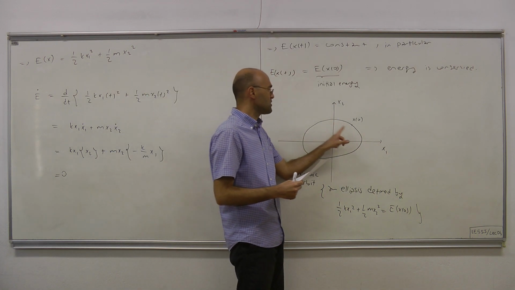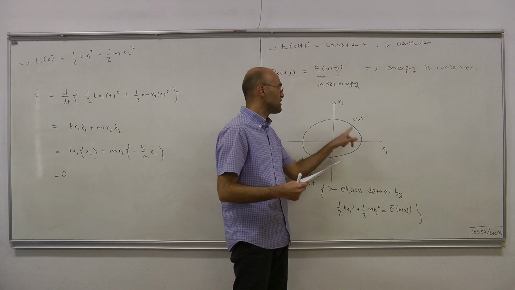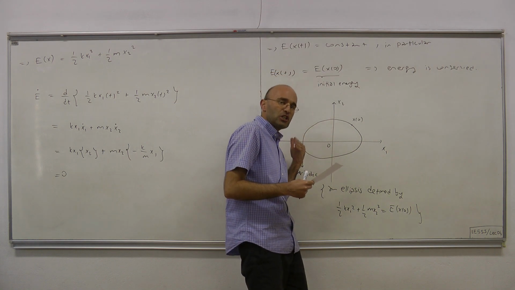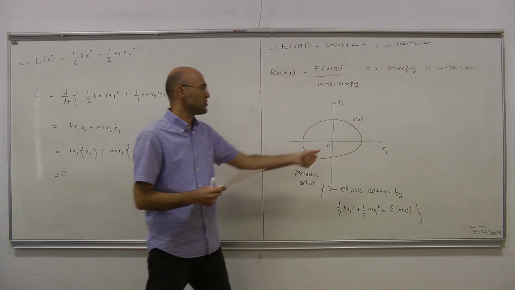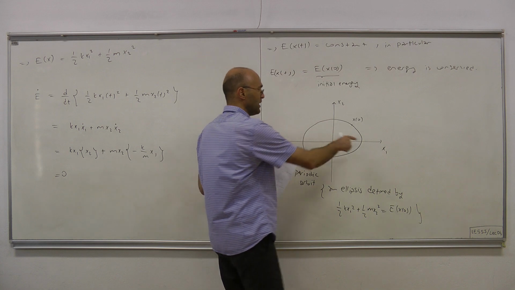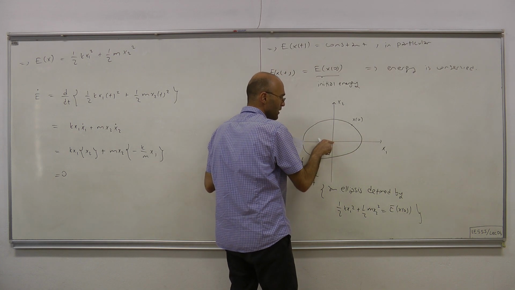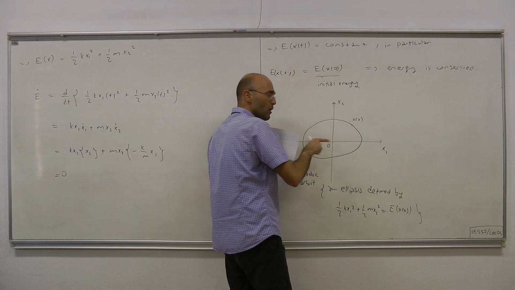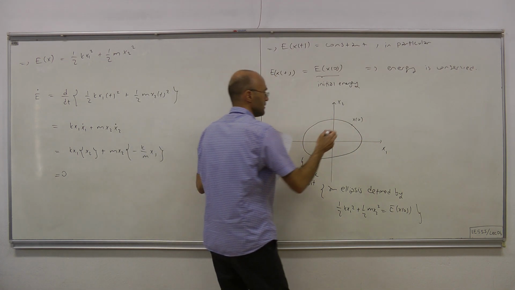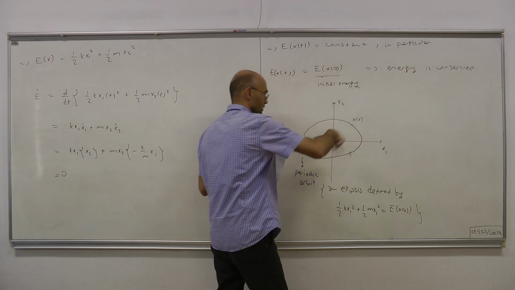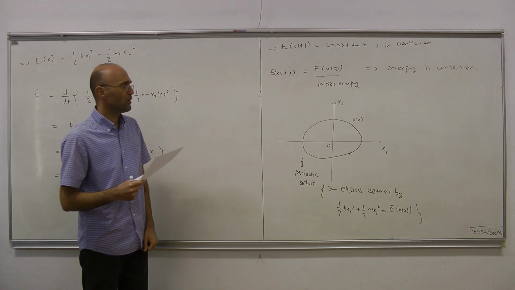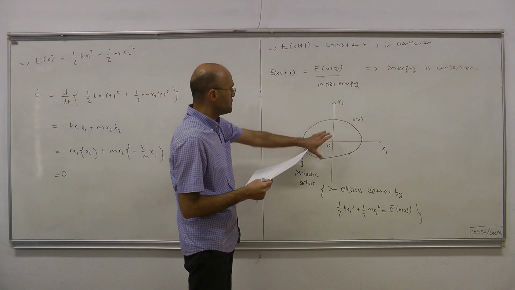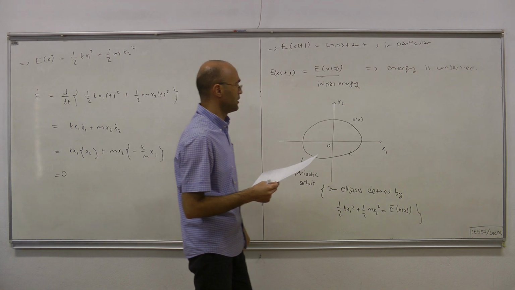In that case, since x1 dot equals that positive thing, if you start at that point, initially x1 should increase because its derivative is positive. x1 increasing means that the projection of that point on the horizontal axis must be going to the right. So that means that the direction, as time goes on, is clockwise. And this is just a solution starting from this particular initial condition.